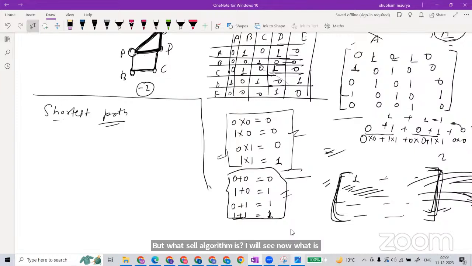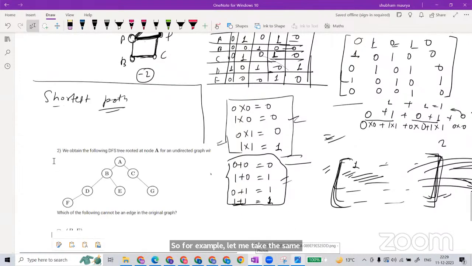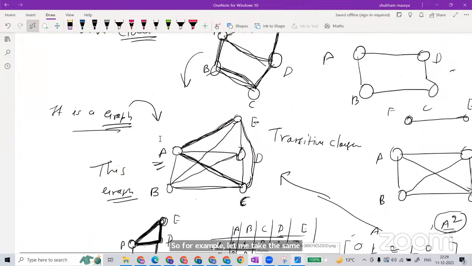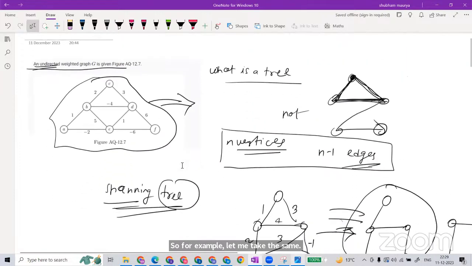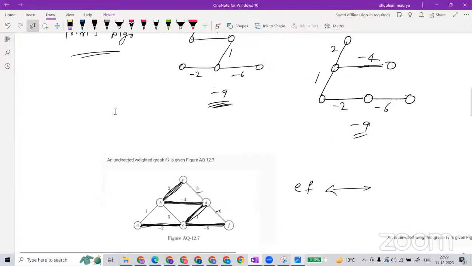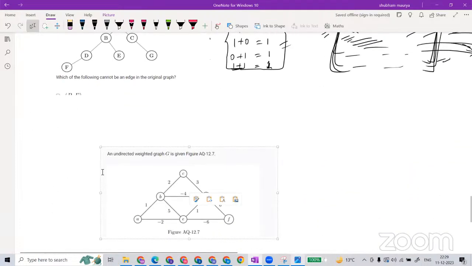So what is the Dijkstra algorithm? For example, let me take the same graph. This is the graph we have.